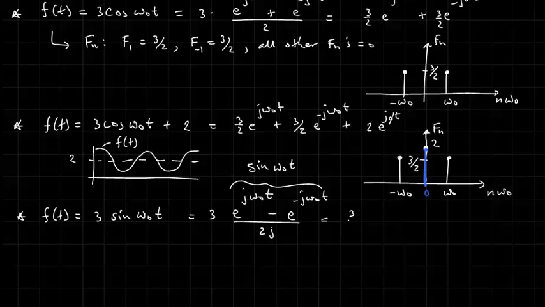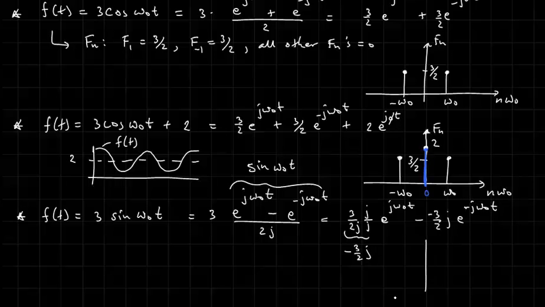So we have 3 over 2j, which if you multiply by j over j, the jj becomes minus 1. So we have minus 3 halves j e to the j omega naught t, and then plus 3 halves j e to the minus j omega naught t.